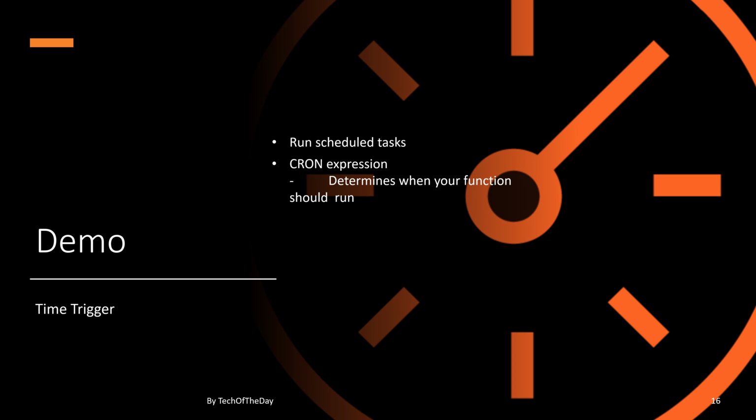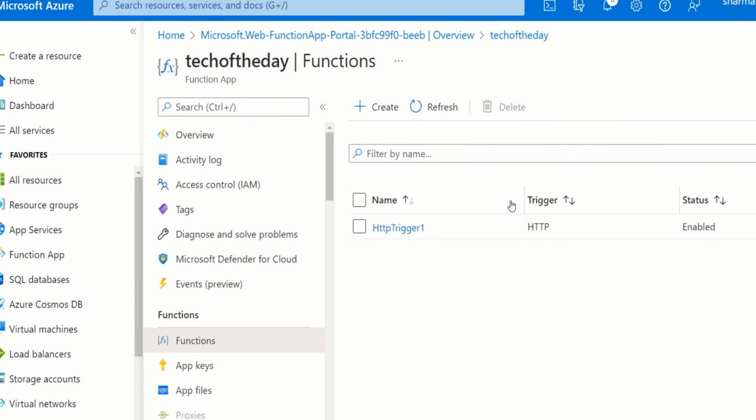So I'm gonna create a time trigger and see how it is going to execute, and then we will see it should execute on its own, and then we'll see what it does. Let's go to the Azure portal. Okay, so after HTTP triggered function, we want to create time trigger function.